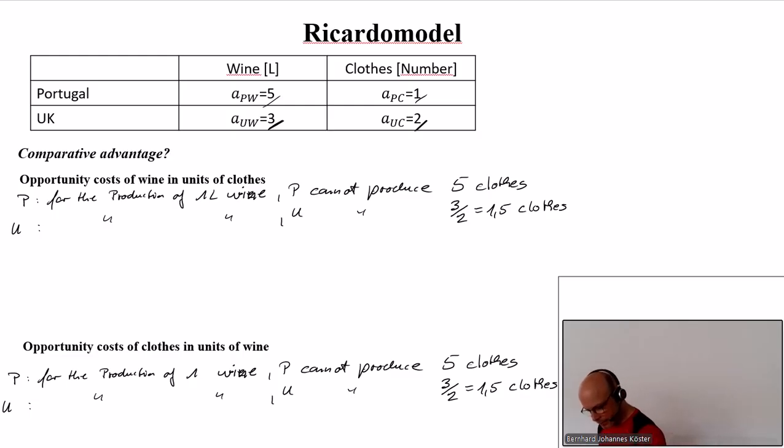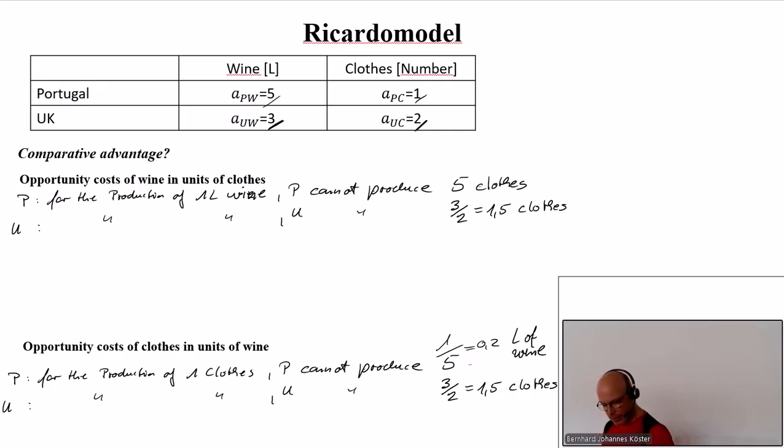For the production of one cloth, Portugal cannot produce 1 over 5 equals 0.2 liters of wine.